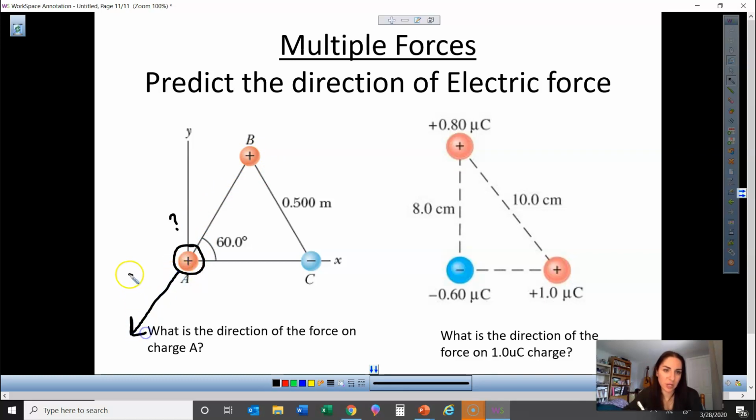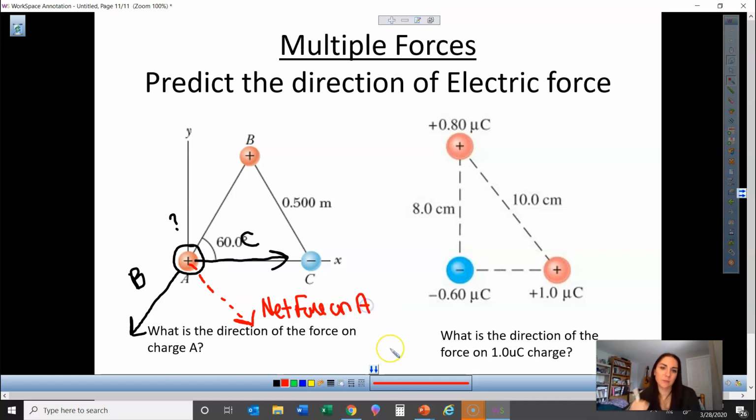So B is going to push A this way because it's being repelled. A is going to be attracted to C this way. So being pushed down and to the left and to the right, my prediction is somewhere in the middle. This is the net force on A.